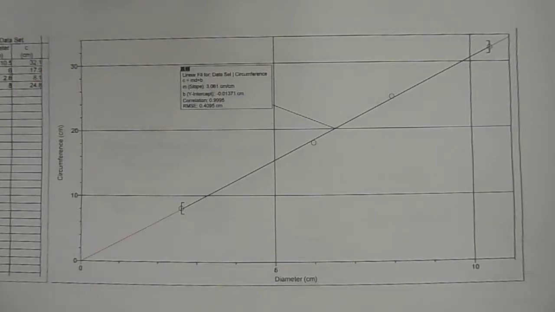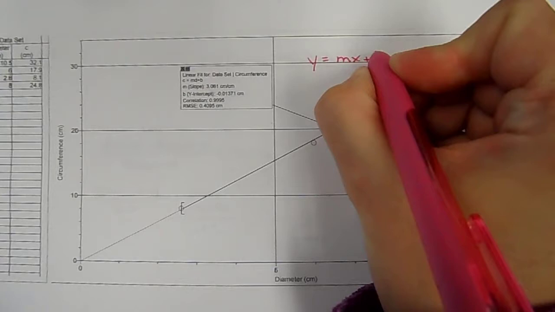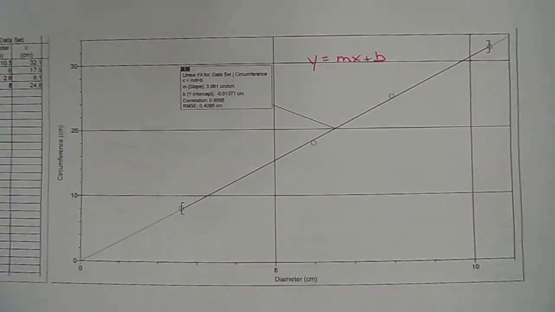Now, from algebra, you probably remember that this is a linear relationship. So we've got this y equals mx plus b. That's our slope form equation. This is a really nice general thing, but what we want to do in this class is really look at the variables involved.